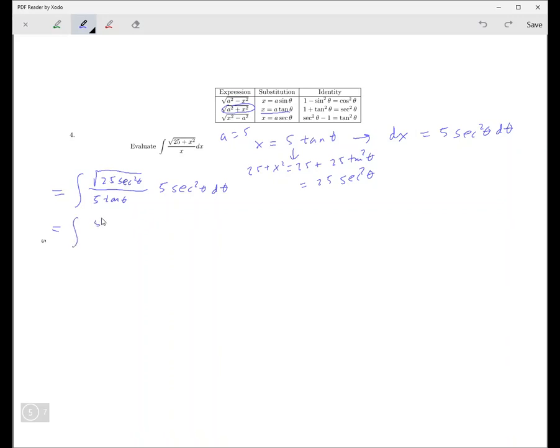Okay, so if you evaluate that, that's 5 secant theta. Let's reduce those.